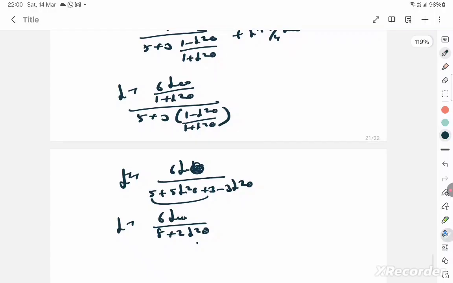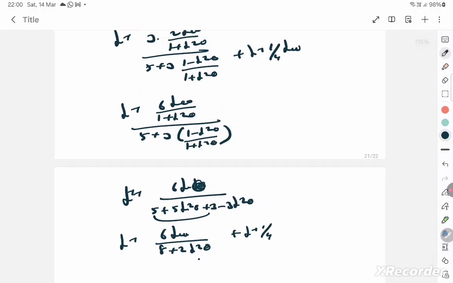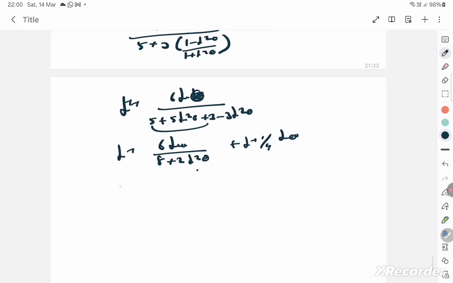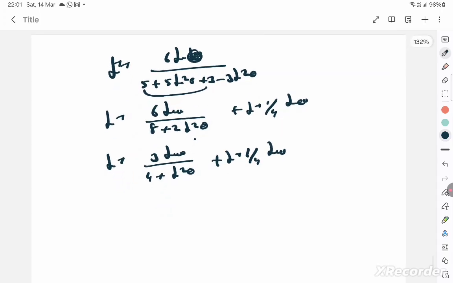In addition to this, you also have a tan inverse of 1 by 4 into tan theta again. Can I cancel this whole thing with a 2? So will I get it like this, plus tan inverse of 1 by 4 into tan theta? I'm just trying to solve something a little. I can see that 4 minus 1 will give me 3.